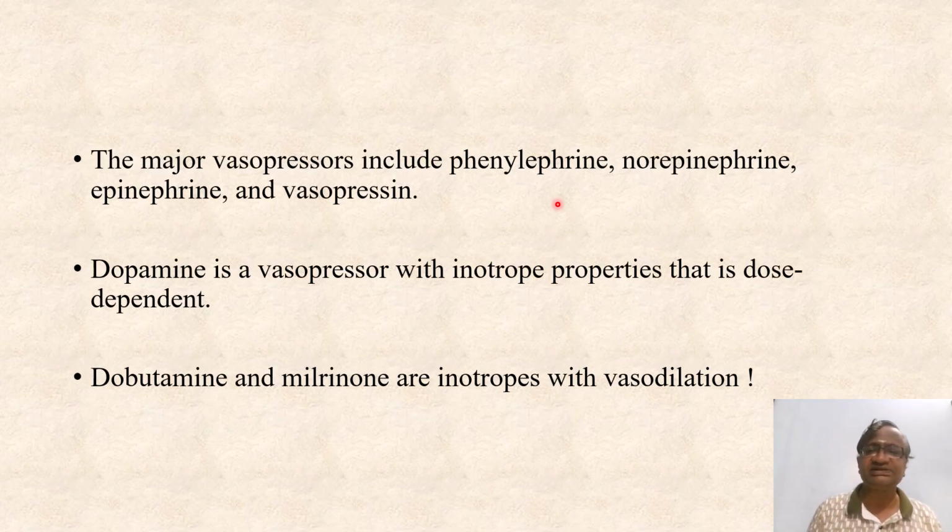The major vasopressors are noradrenaline, vasopressin, phenylephrine, and somewhat epinephrine. Dopamine has inotropic action. Dobutamine and milrinone are inotropes with some vasodilatation. Afterload decrease, good inotropy. That is what we want for myocardial dysfunction.